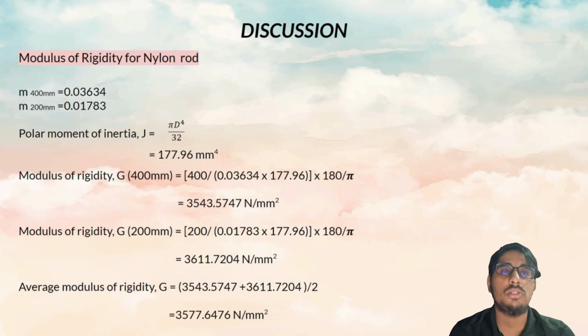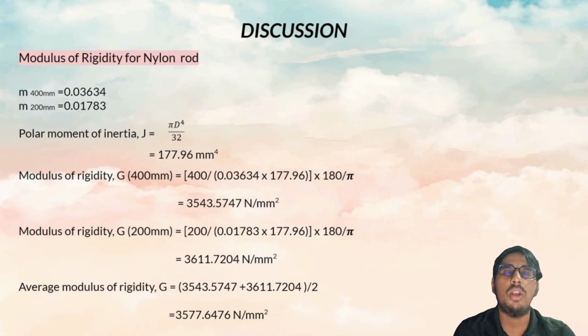Next, the same goes for the nylon. The modulus of rigidity for nylon can be calculated by getting the gradient of the graph for 400 mm, which is 0.03634, and the gradient for 200 mm is 0.01783.